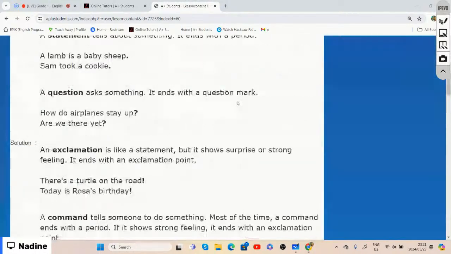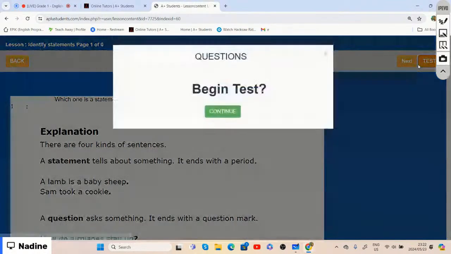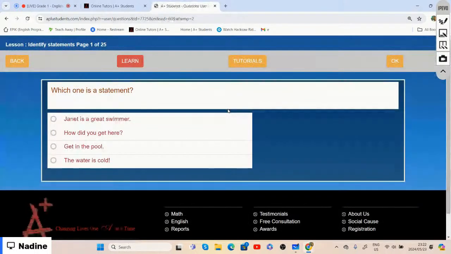All right. So now let's go to our test. We're going to look at the four types of sentences, and we're going to identify which is a statement. Do we say, Janet is a great swimmer?